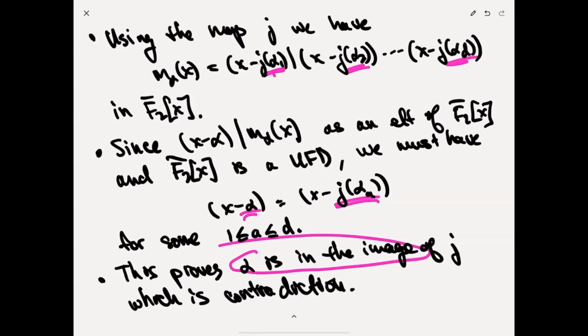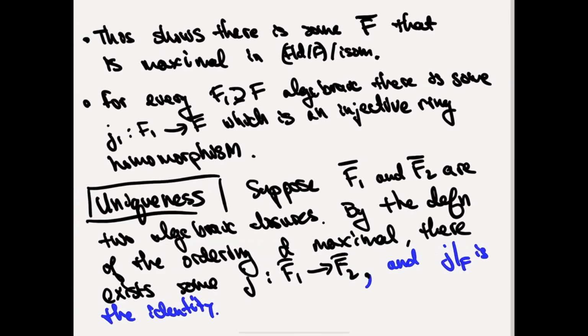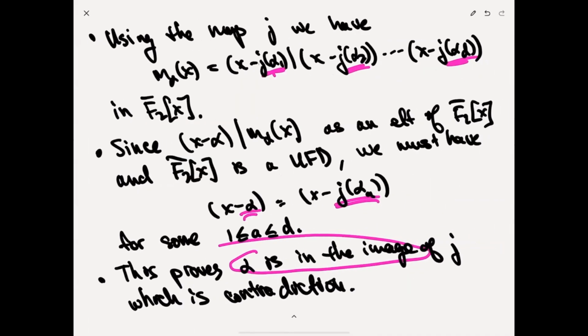So that showed us that there exists an algebraic closure and it's unique. That's one of the main things that we have.